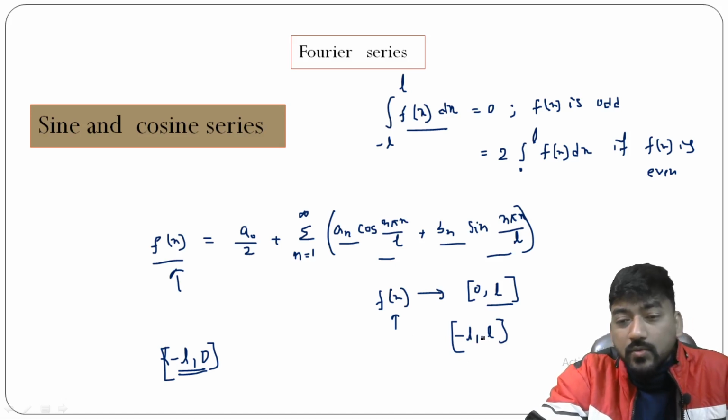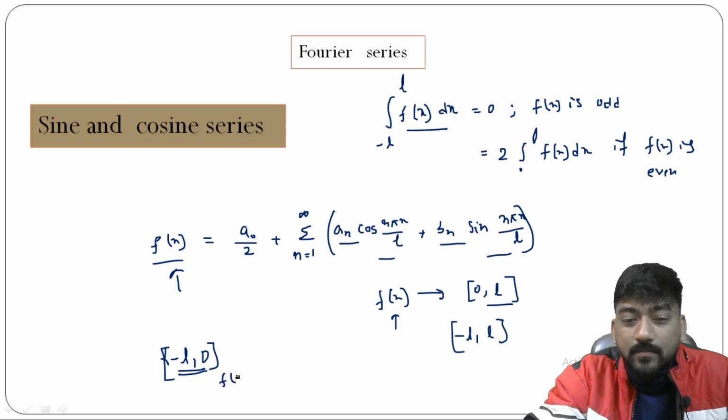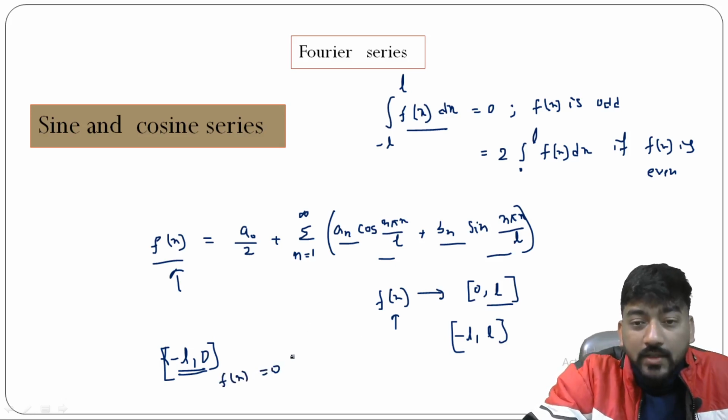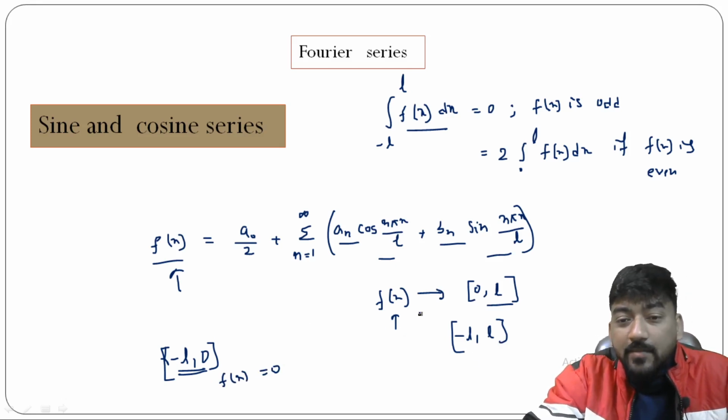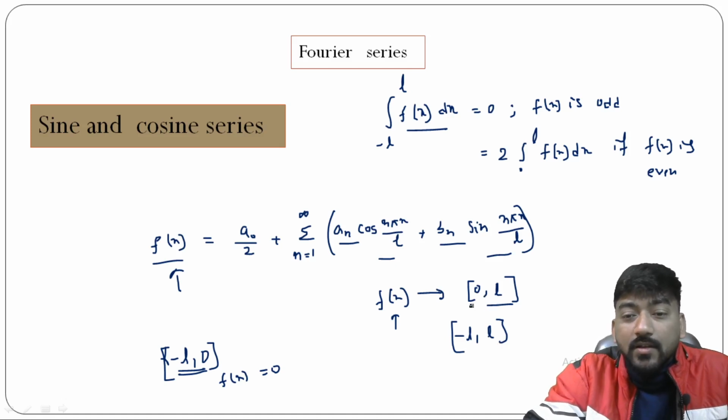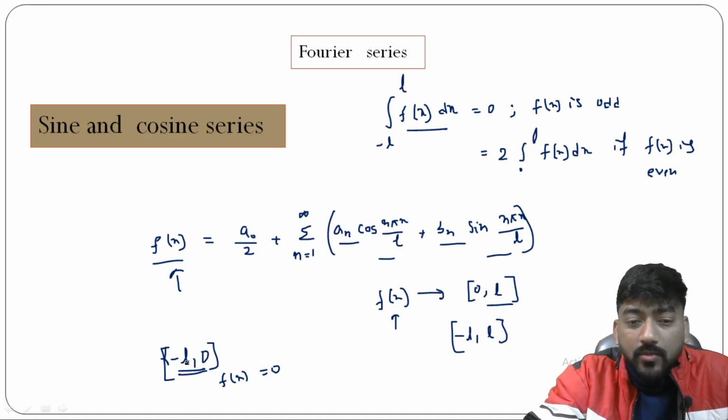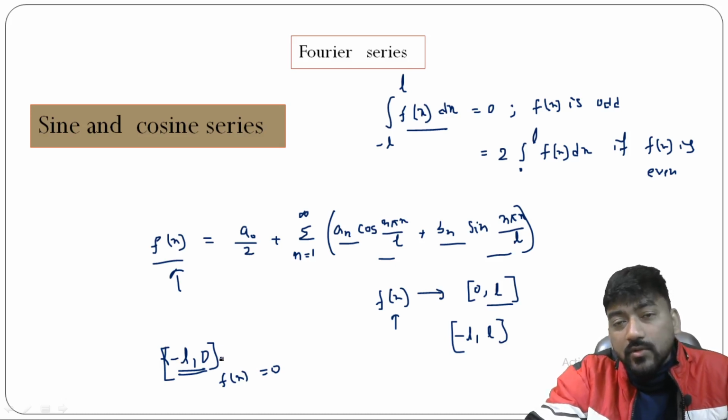What you can do is just put f(x) equal to 0 for this interval, if you want. If your purpose is only to expand the Fourier series in minus L to L, and f(x) is given within the interval 0 to L, then you can put f(x) equal to 0 for minus L to 0, and your purpose will be fulfilled.